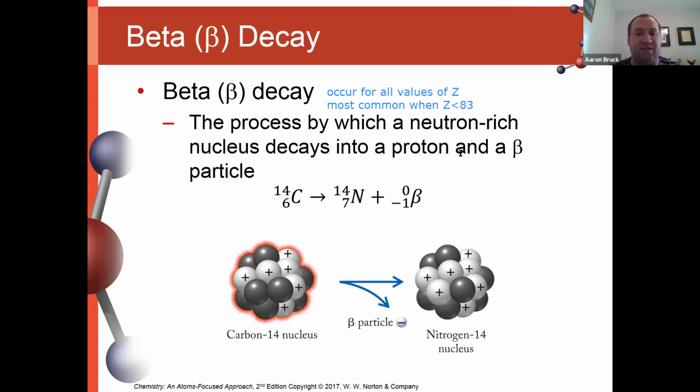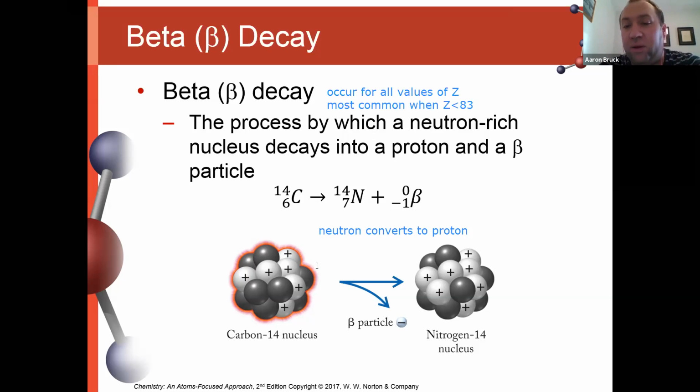And so what happens essentially is that we turn a neutron into a proton. That's essentially what happens in a beta decay.